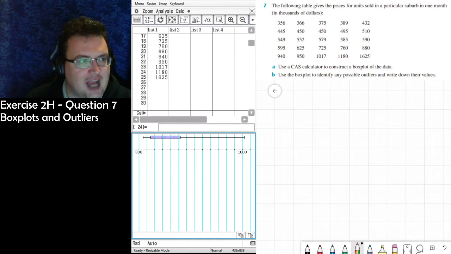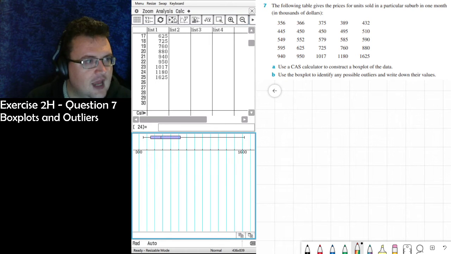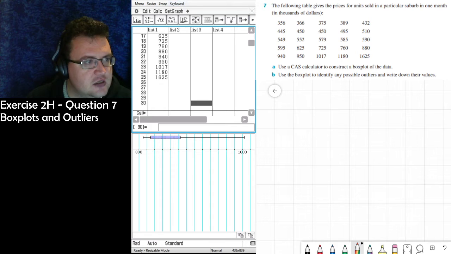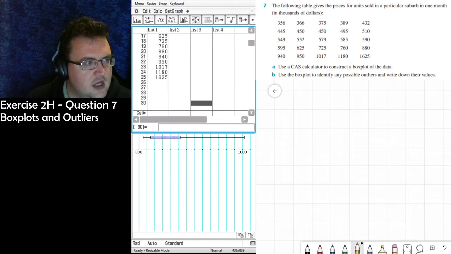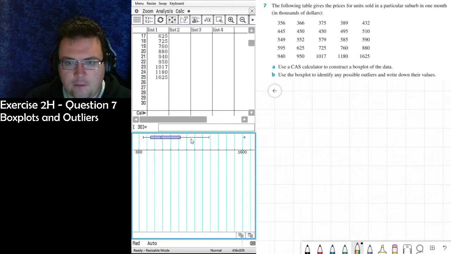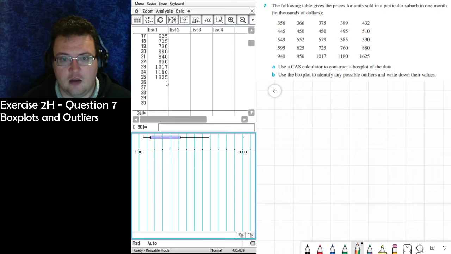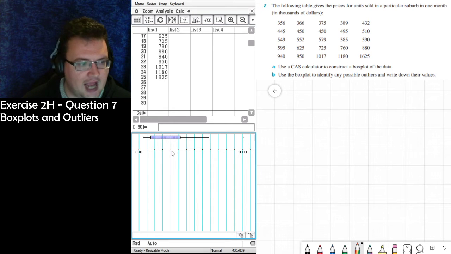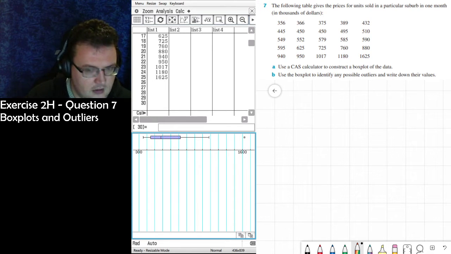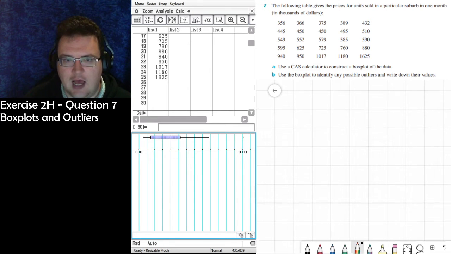Now, to actually determine where your outlier point is, we have to go back and change the setting. So we'll turn the outliers on. First things first, we need to determine where our fences are. So we have an upper fence and a lower fence. To find the fences, however, what I actually need is our IQR.